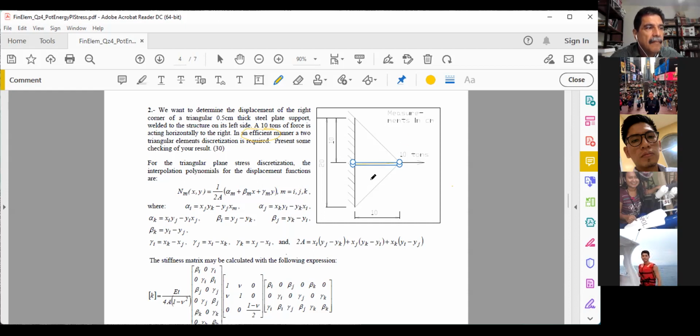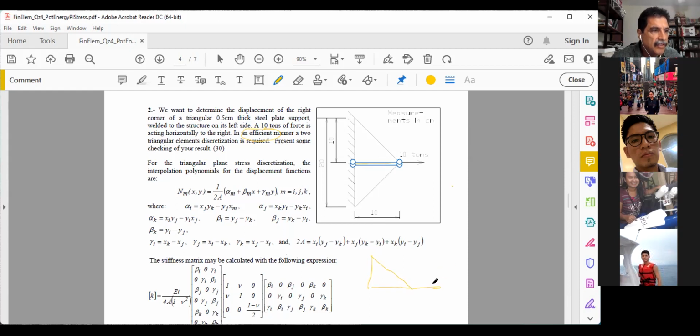Okay? Now, if we analyze this, we have to think about the conditions that we have to apply in this point. But that's all what you need to do. Right now, if you analyze the upper triangle, like this, okay?